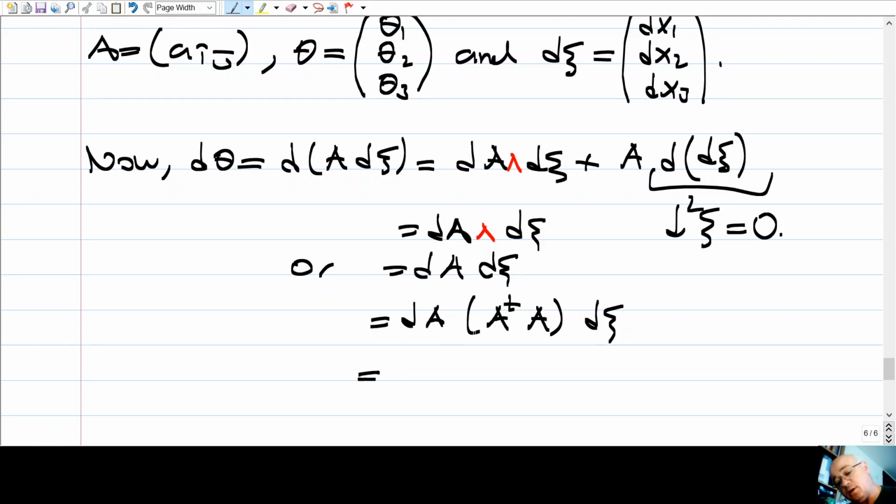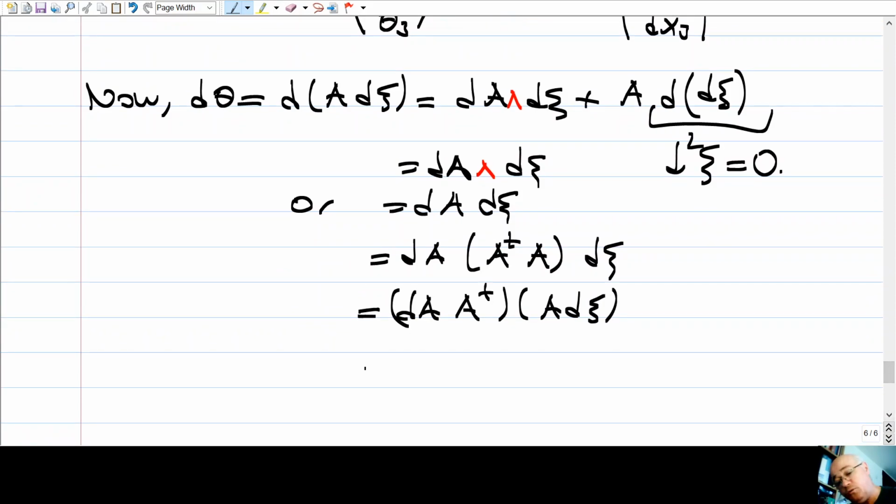I'll explain why I can do this in a minute. I can write this dA times A transpose because matrix multiplication is associative, and this finishes the proof, because we know that this is the connection one form matrix, and this is by definition the matrix theta.